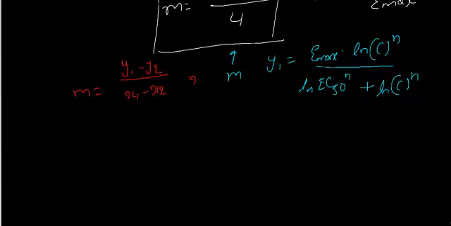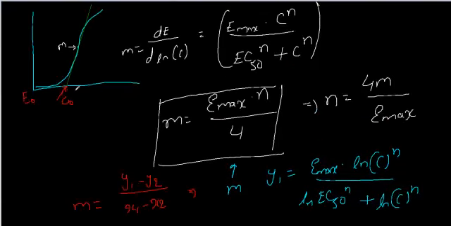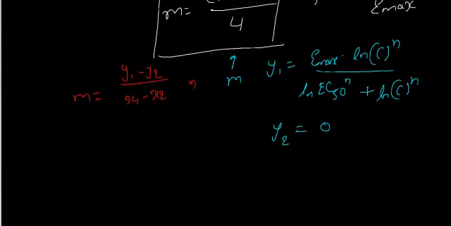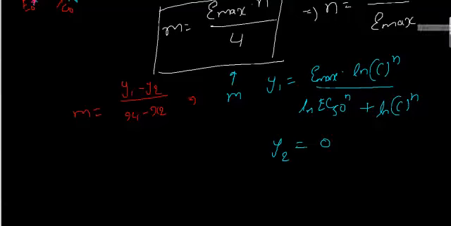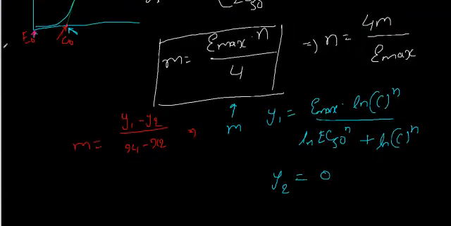And y2 is 0, as you can see here. y2 is this point where this slope touches the concentration axis. The effect is 0 when the slope touches the x-axis, right? So y2 is 0.